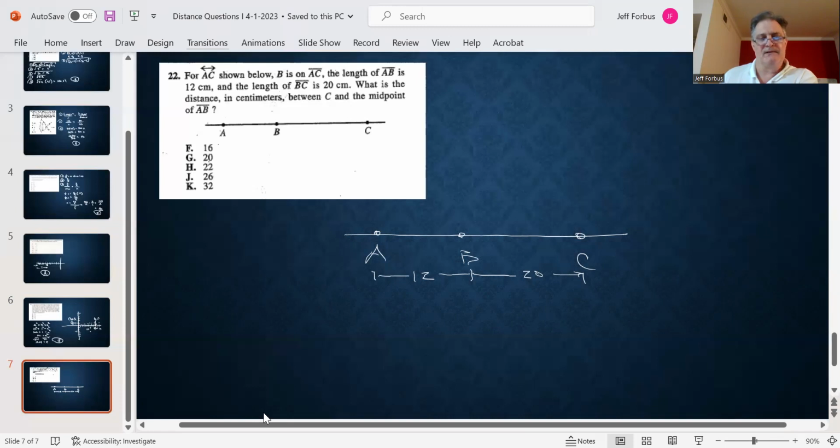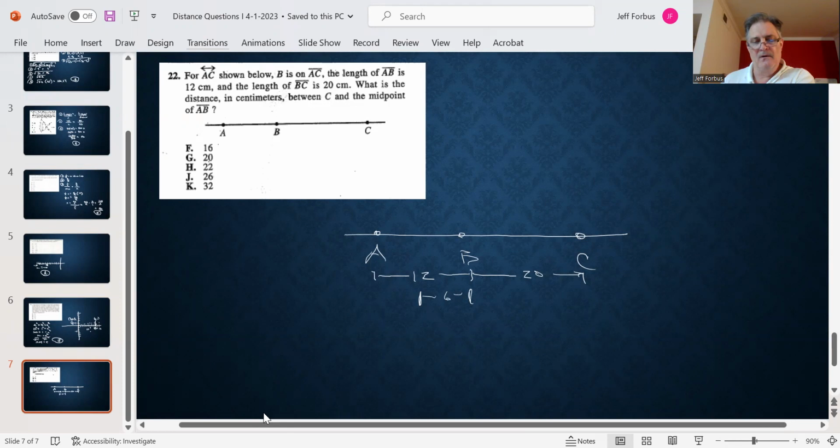Then it goes on and says, what is the distance in centimeters between C and the midpoint of AB? Well, the midpoint of AB has to be at 6. So we can say the midpoint is right here, and here's B. So that's going to be 6.